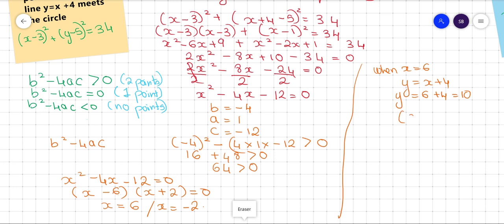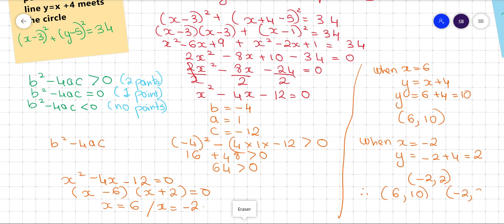So one coordinate is (6, 10). When x equals minus 2, y is equal to minus 2 plus 4, that is 2. So another coordinate is (minus 2, 2). Therefore, the points of intersection are (6, 10) and (minus 2, 2).